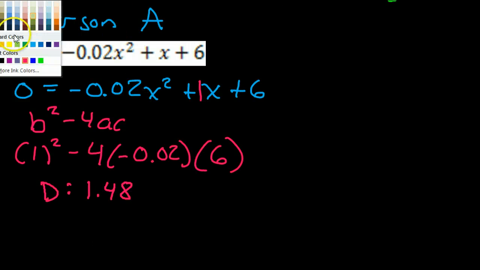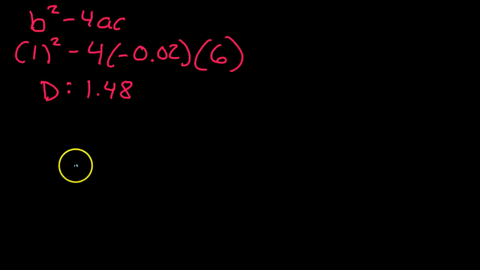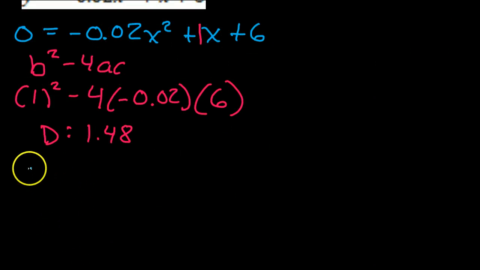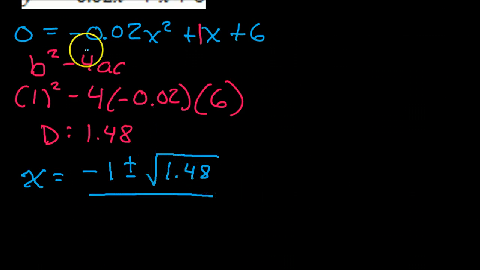Now let's continue with the quadratic formula. x is equal to the opposite of b. Remember, b is 1, so that's negative 1 plus or minus the square root of b squared minus 4ac, that's the discriminant, 1.48, all over 2a.